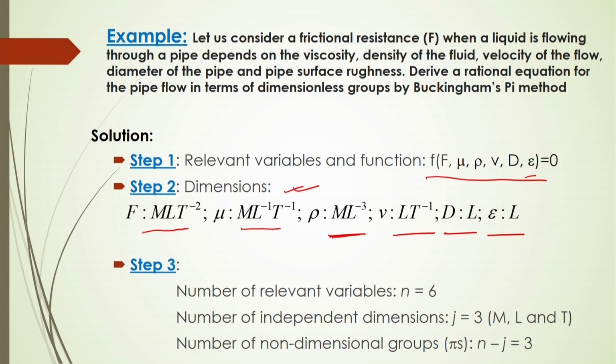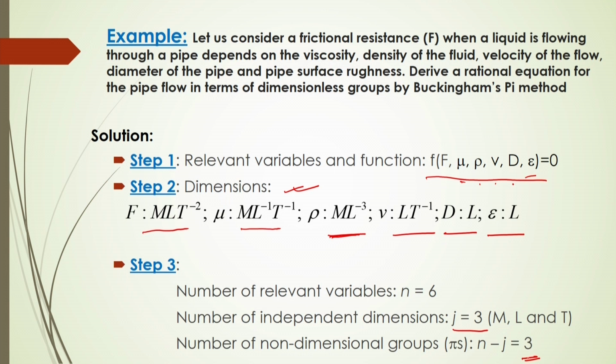Next step, you have to identify how many variables there are. In this case there are 1, 2, 3, 4, 5, 6. So 6 variables are there. The number of independent dimensions will be j equal to 3, as we know, that is M, L and t. The number of non-dimensional groups will then be formed as n minus j, that is 6 minus 3, which is equal to 3.